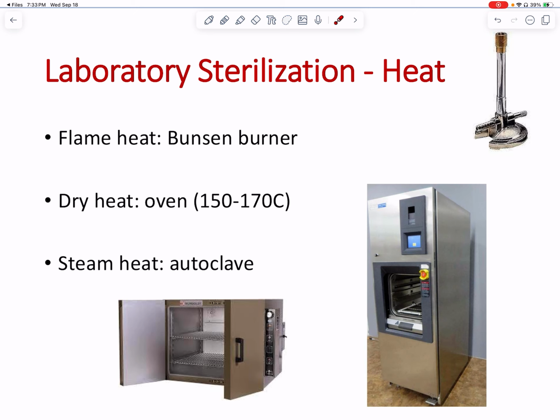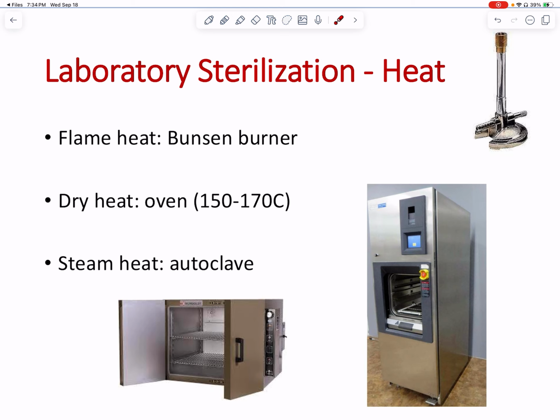Same thing with our hockey sticks that we used for spread plating, where we have the ethanol at a 70% concentration. We then pass that through the Bunsen burner. So a combination of a chemical sterilization plus heat in order to completely eliminate any type of microorganism.